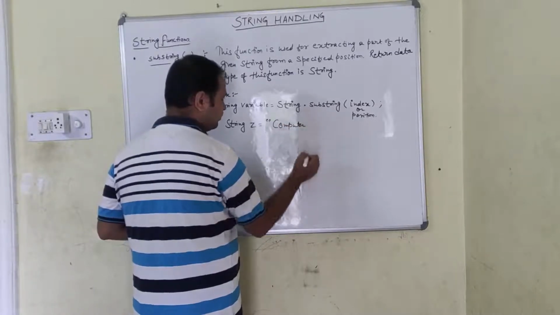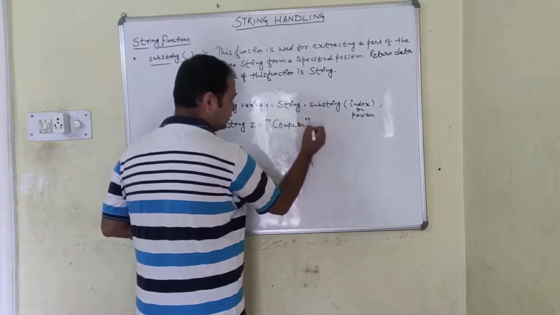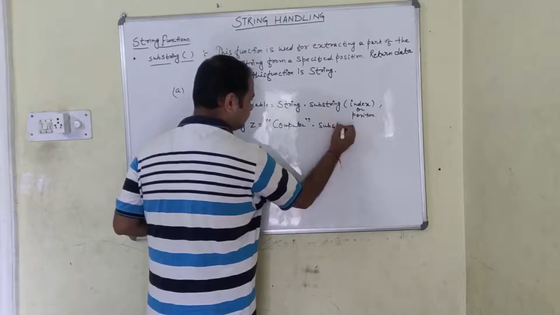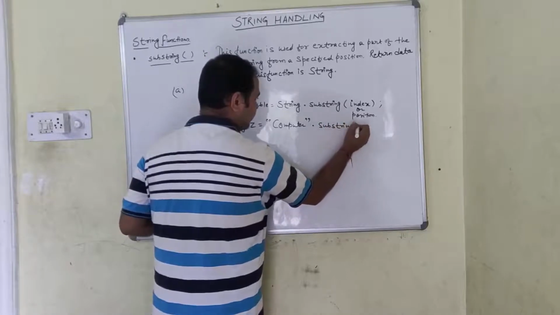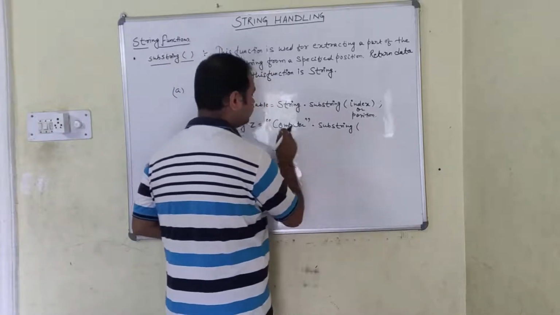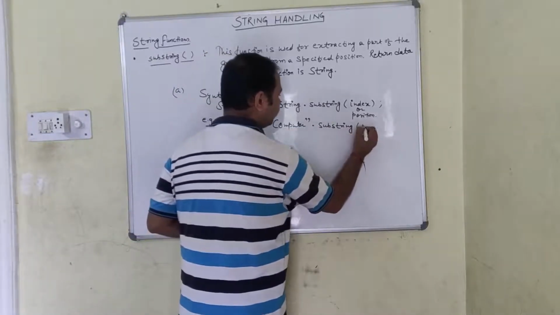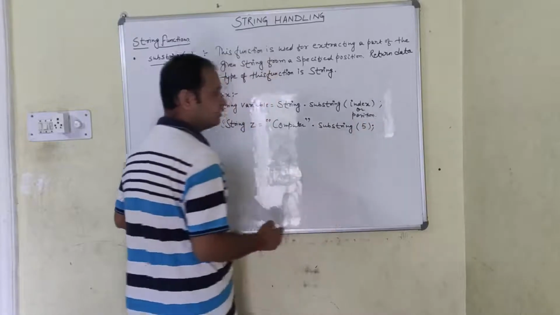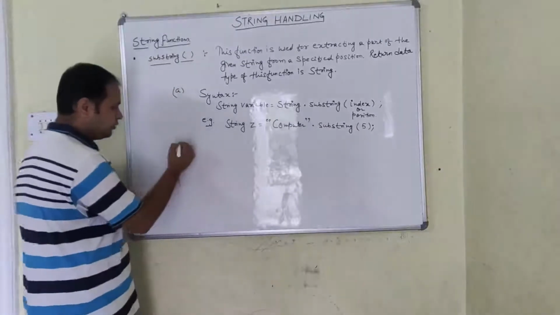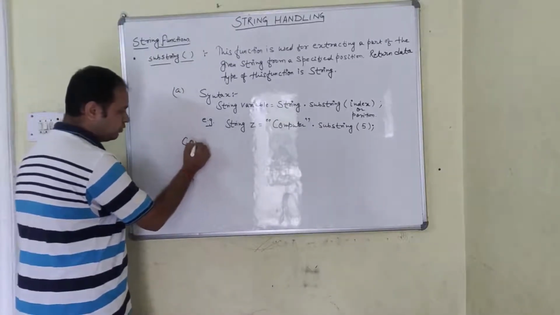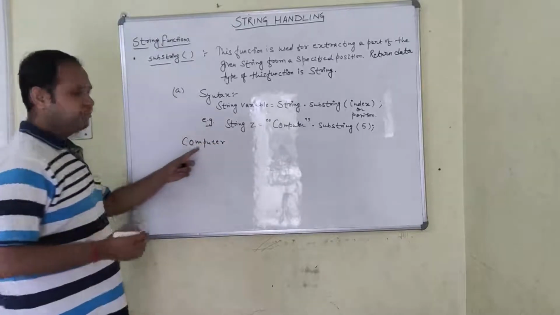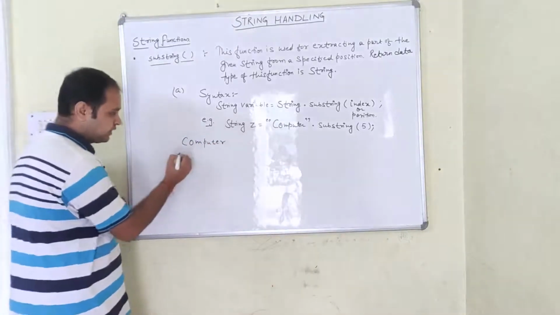So I take computer dot substring, and here suppose I give position number 5. Now we have to observe that. Just see here on the board, I am writing COMPUTER.